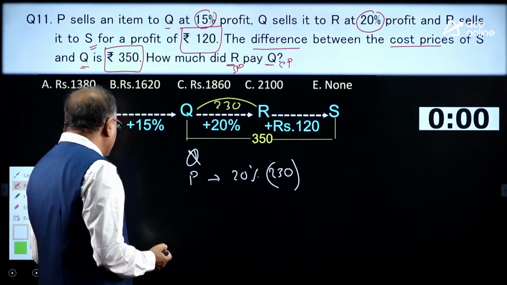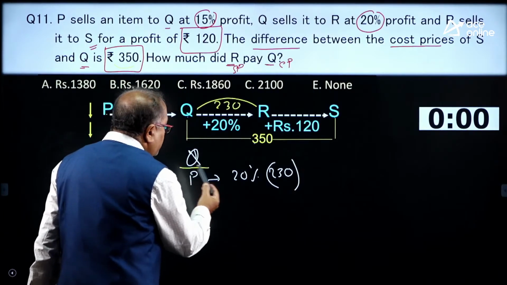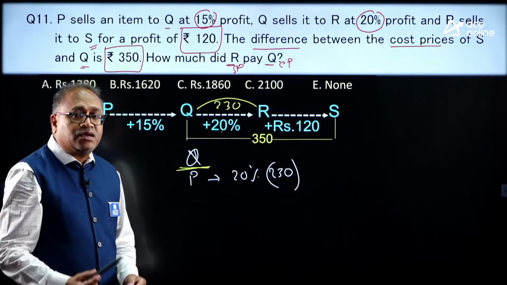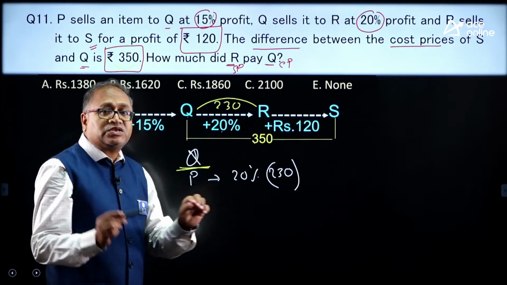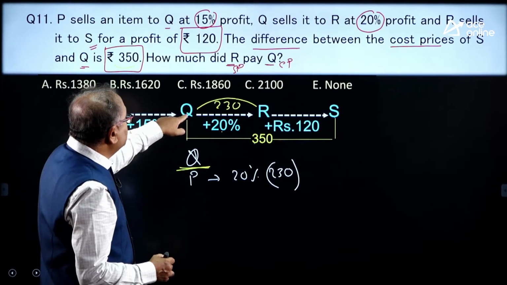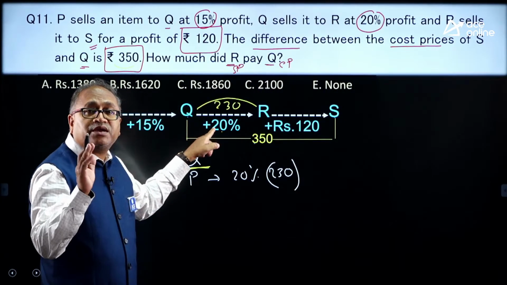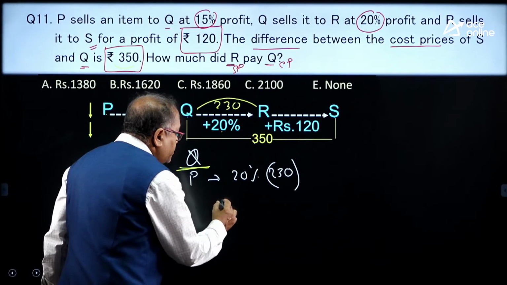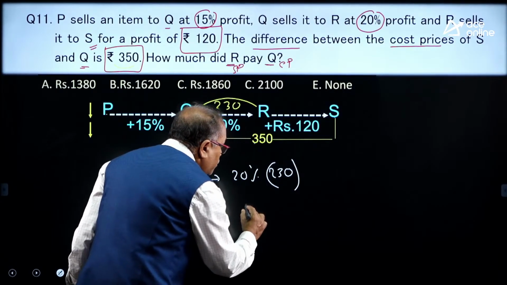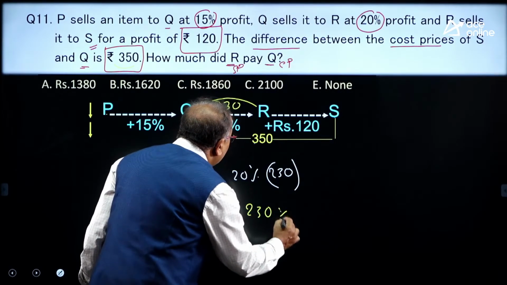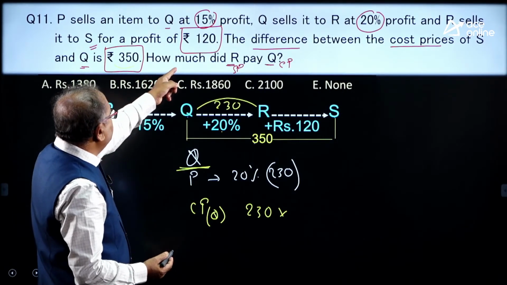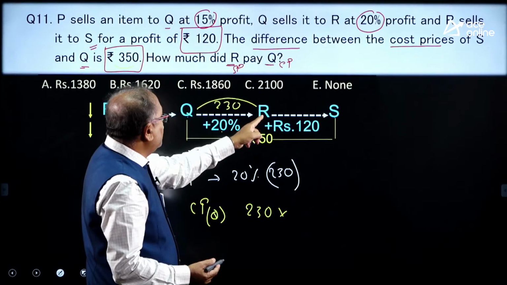Okay, allow me to conclude this one. So, this is about Q. The profit is 20% and the value of the profit is 230. This calculation I explained. Then what is my requirement? My requirement is the cost price of Q. What is 100%? I can find it at 100%, that is the cost price of Q. How much did R pay to Q?